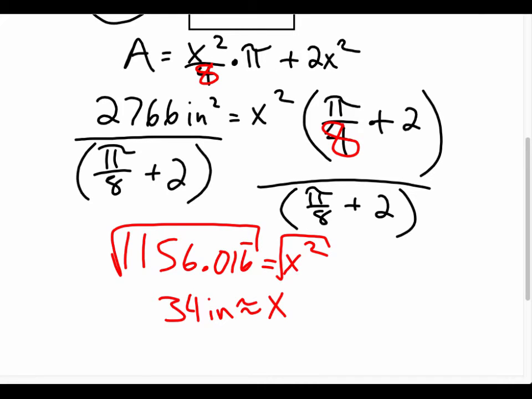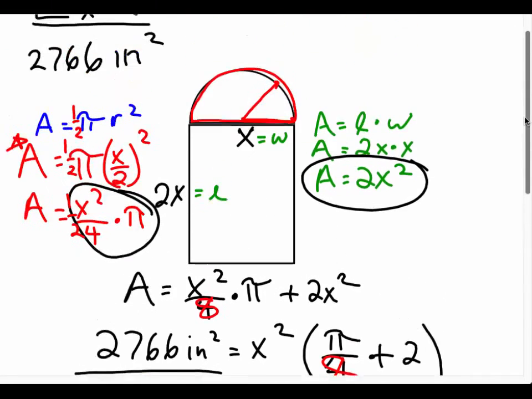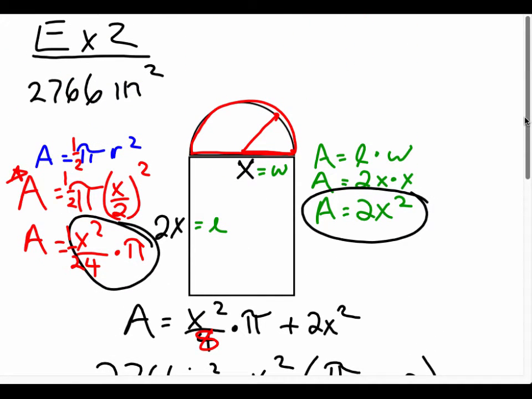All right. So now the question that they asked us was, what are the dimensions of the window? We solve for x. Is 34 the dimensions of the window? No. We got to go back and plug that in. The dimensions of the window are 2 times x, or 2 times 34.